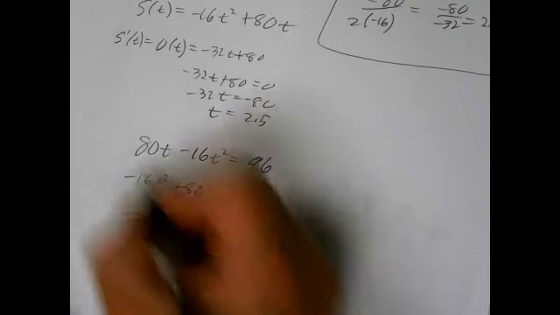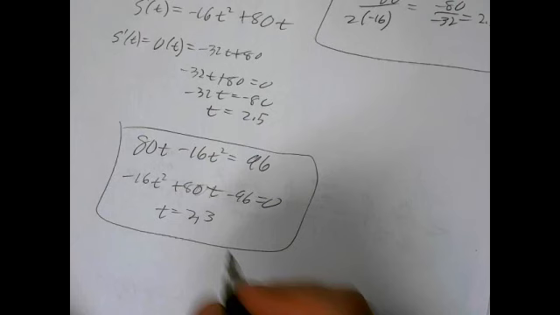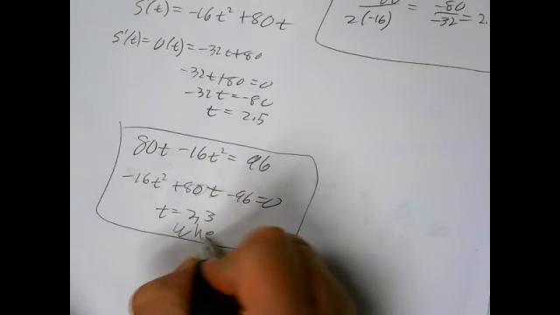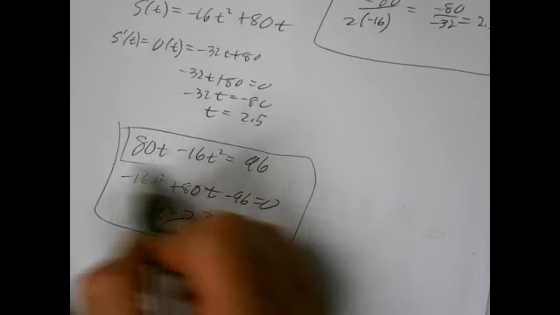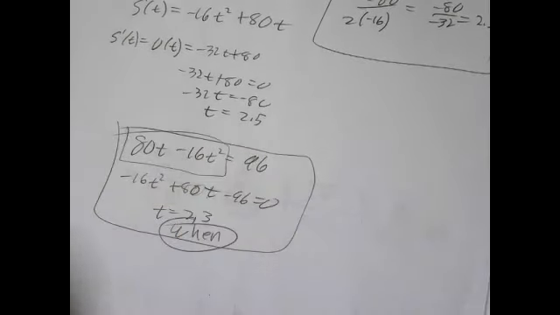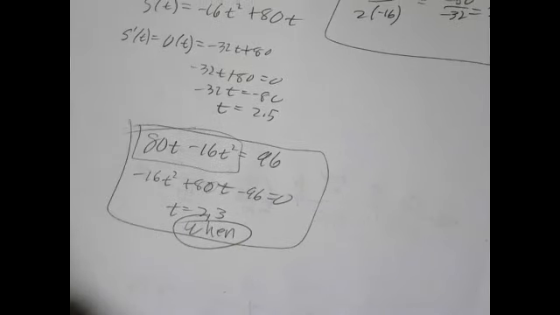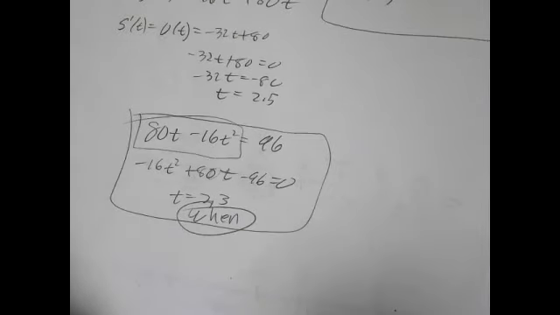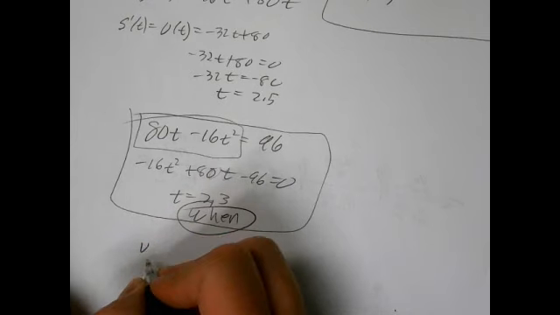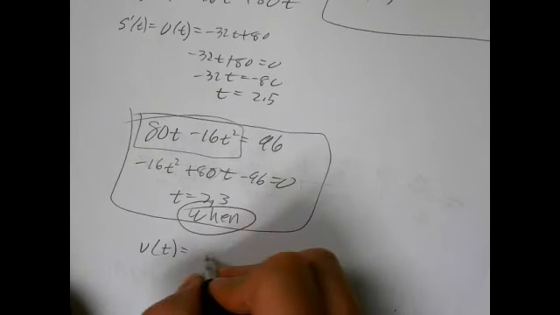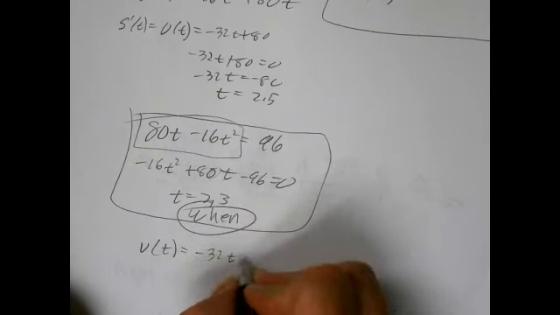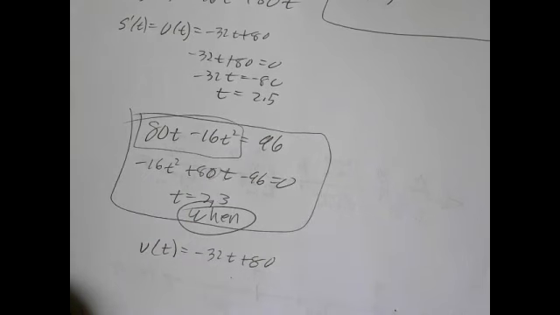So again, notice to figure out when, this is the when question, to find out when it was at 96 feet, I used the position function. It wants to know how fast it's going. It wants to know its velocity. So therefore, I will have to use the velocity function, which was the negative 32t plus 80.